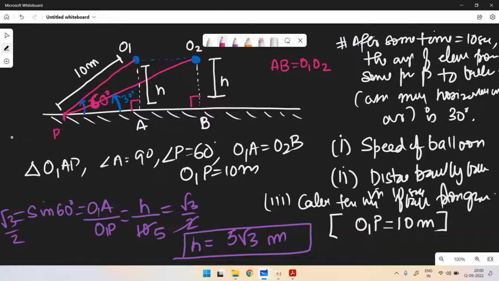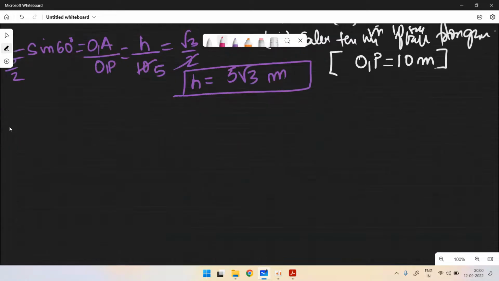Next, h is given. What is O1A? How will you calculate this O1A? Before going there, from this figure, the h you have calculated can be used here. So for this I am using a different triangle, triangle O2PB.